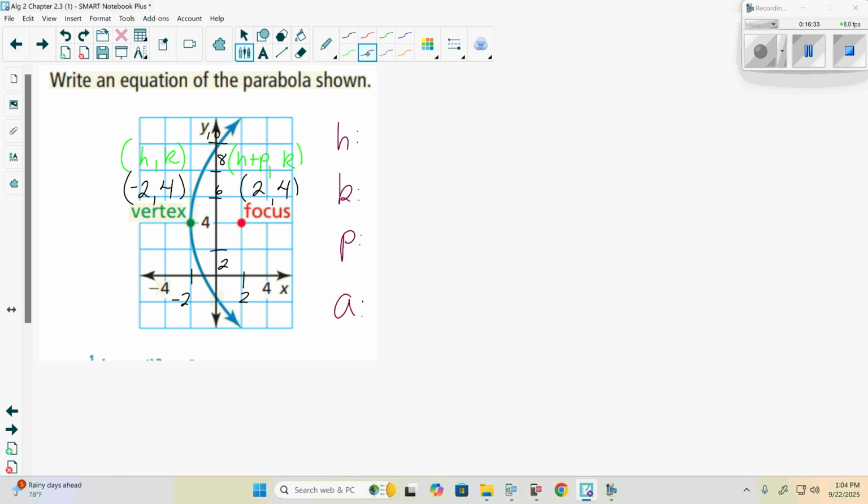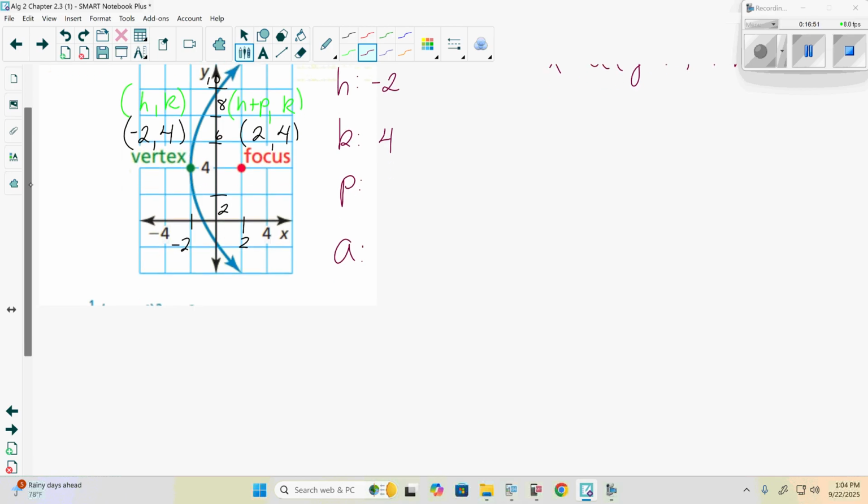So that tells us that the equation has to be x is equal to a times (y minus k) squared plus h. H is negative 2. K is 4.